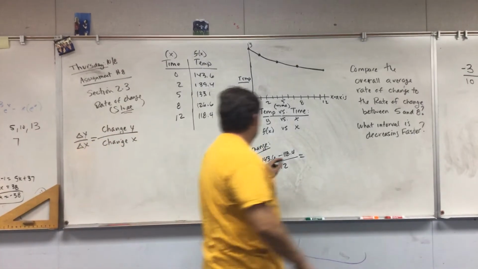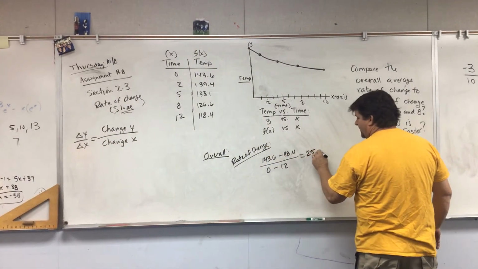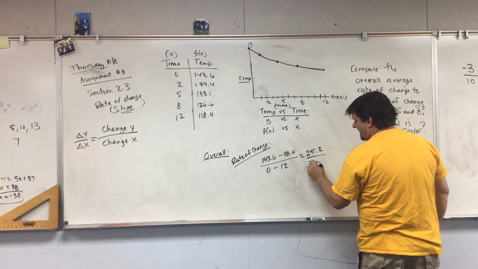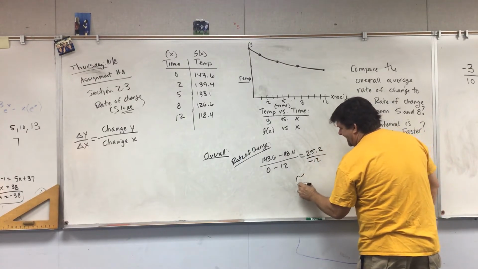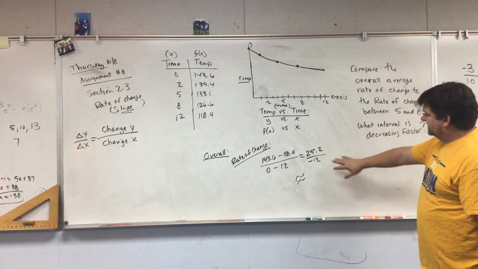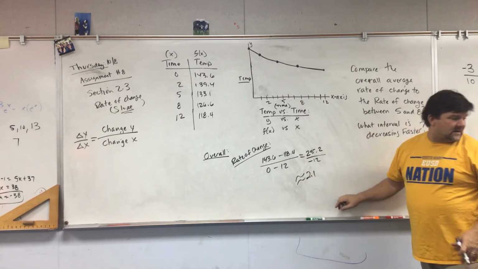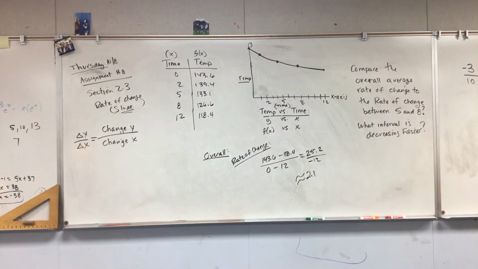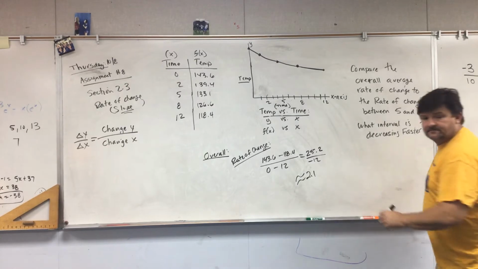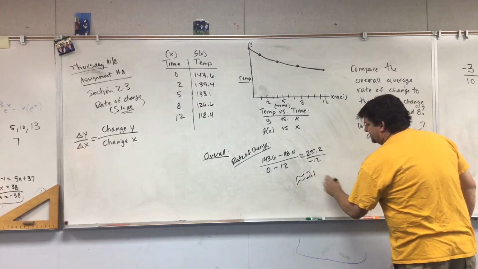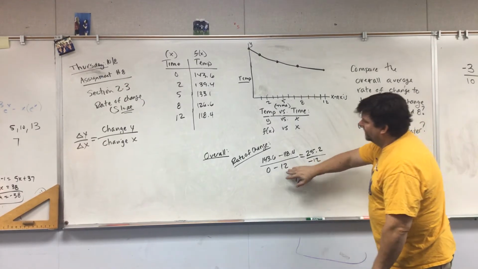So I have 25.2 over negative 12, which is approximately, it's a little bit bigger than 2, so let's say it's approximately 2.1. That's the overall rate of change.